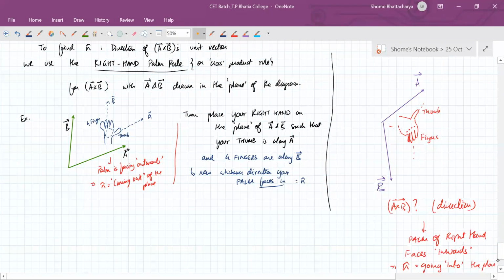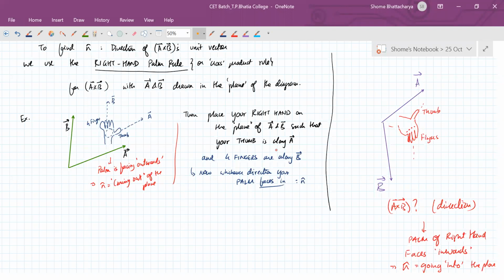Okay. So in any example where A and B are drawn in a two-dimensional plane like this, this is how geometrically we can find the direction of A cross B. We have to place our right hand in that plane such that our thumb is pointing towards A and our fingers are pointing towards B. Then whichever direction the palm is pointing in, that becomes the direction of A cross B.